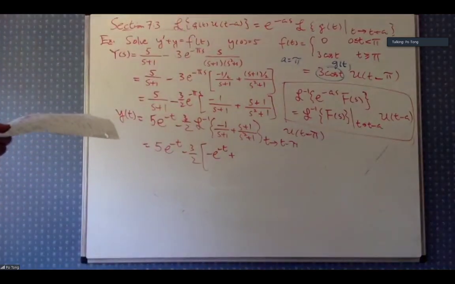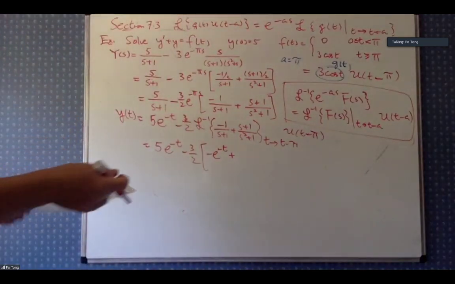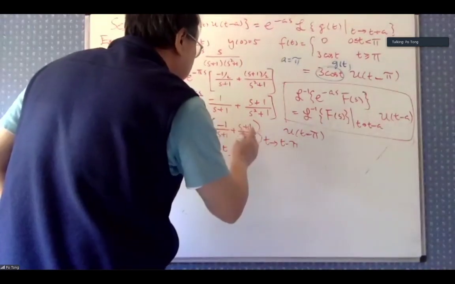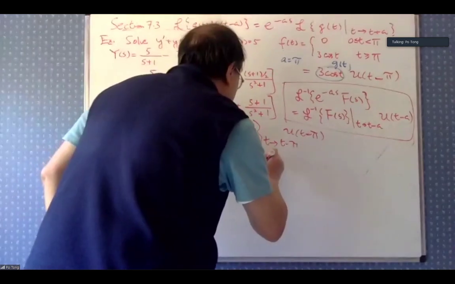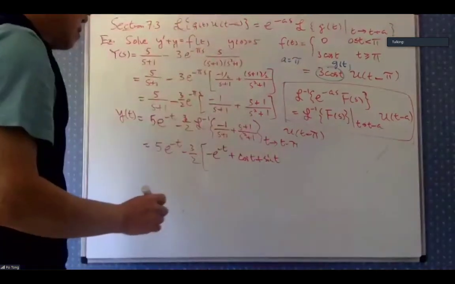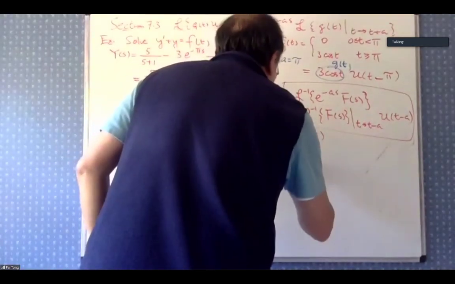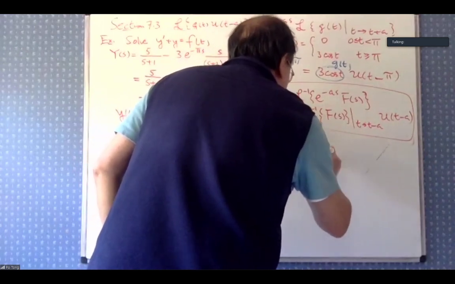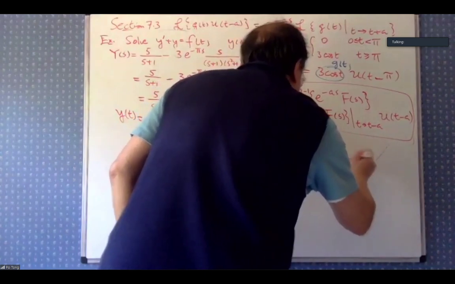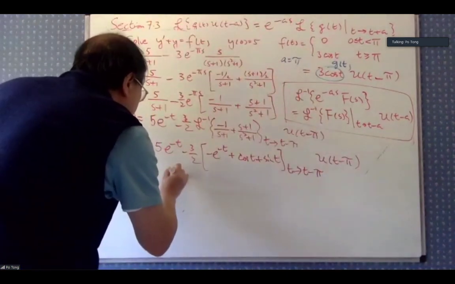Okay. And then this guy, there's a sine term and a cosine term. Let me know if I make a mistake. Then the whole thing, t to t minus pi, and then u(t minus pi).